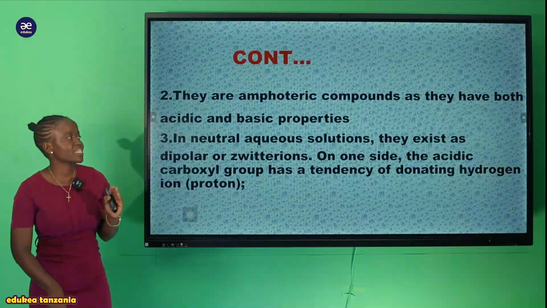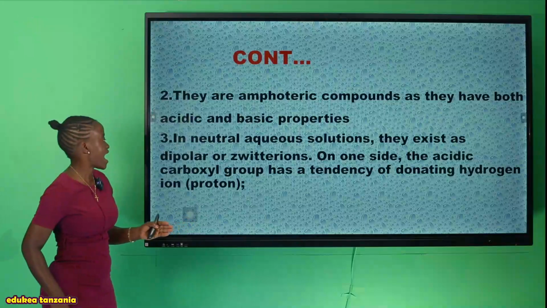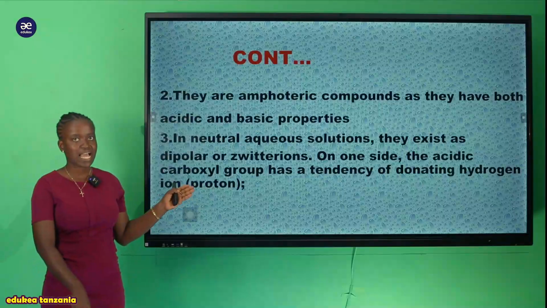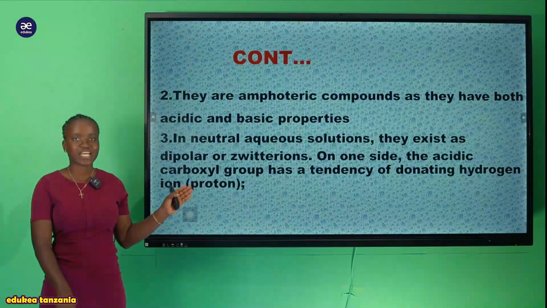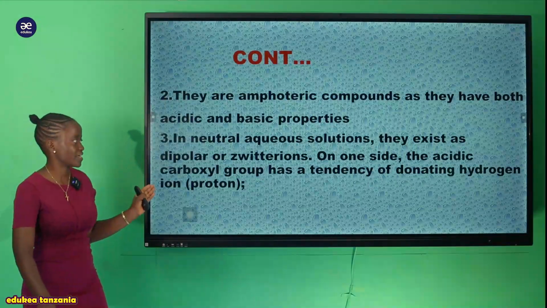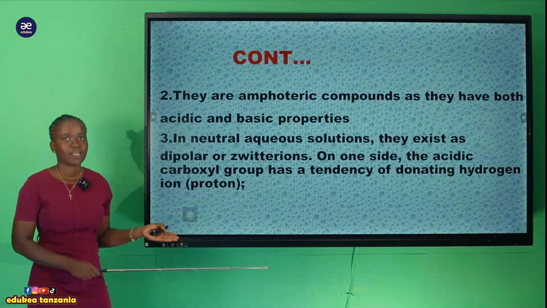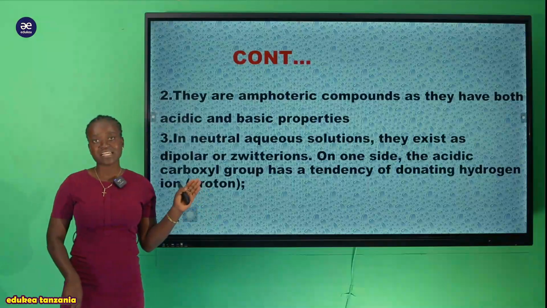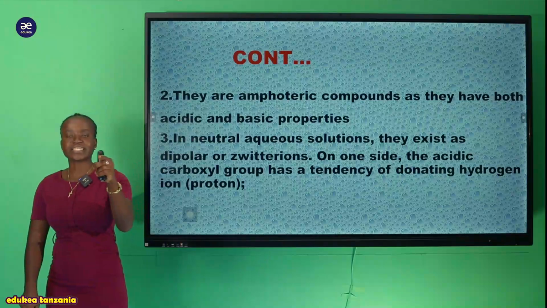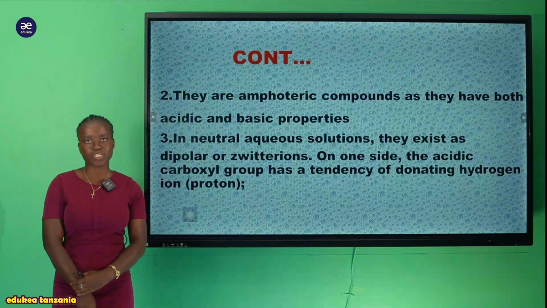That ion has a tendency to donate hydrogen ions or protons. You're going to discuss in detail about this zwitter ion nature which is found in protein. So here you have only to know that proteins in aqueous media or in aqueous solution exist as dipolar or zwitter ions. Why? Because there is a presence of a hydrogen donating atom, so they tend to donate hydrogen.